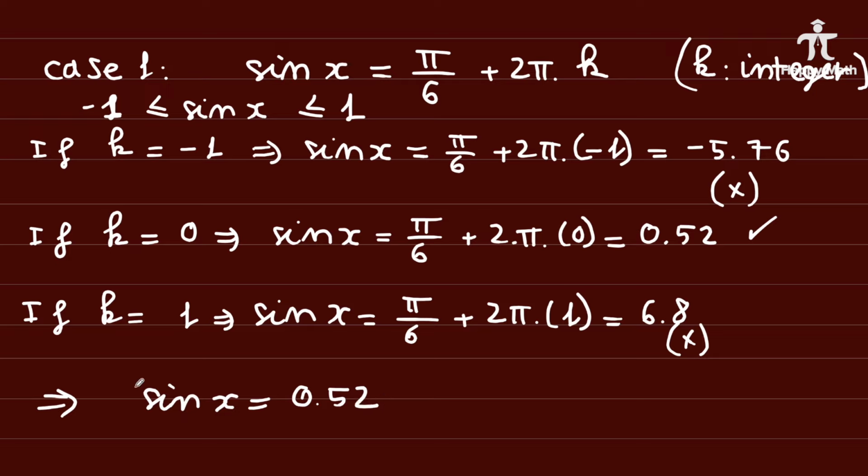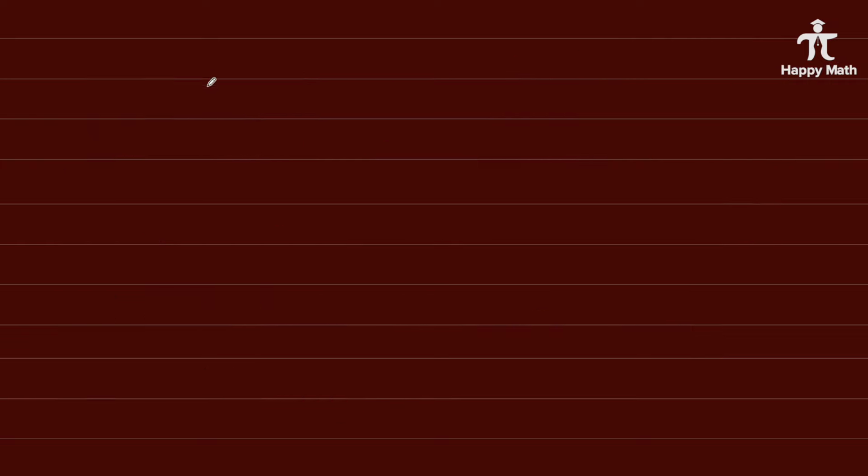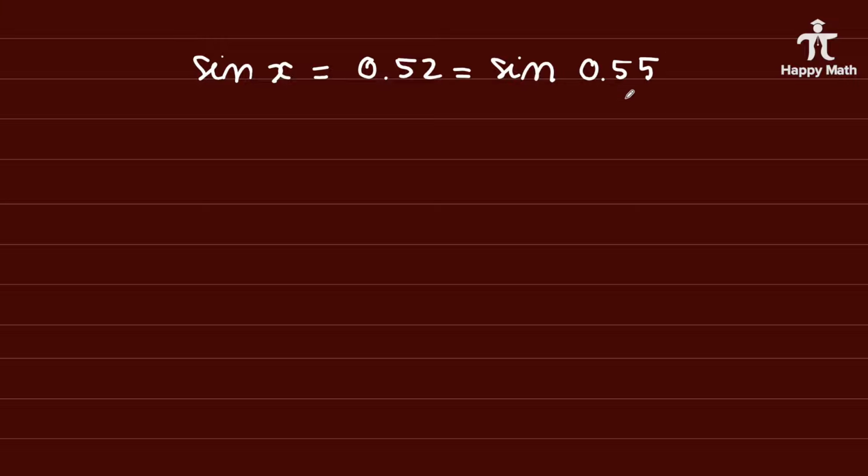Okay, so after that, you got sin h equal to 0.52. And now for the case 1, I want to solve this equation, and I think that is a very fundamental trigonometric equation for you. This is very easy now. Sin h equal to 0.52, and I need to convert this to the sine of one specific angle, and the angle I will have here is 0.55 radian.